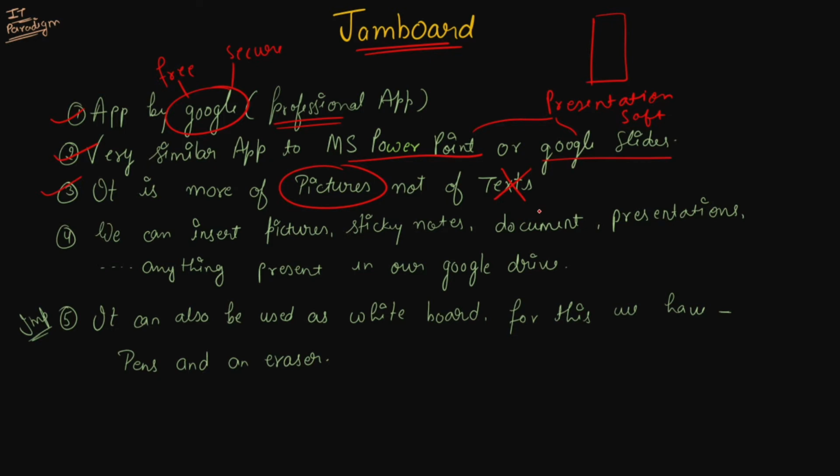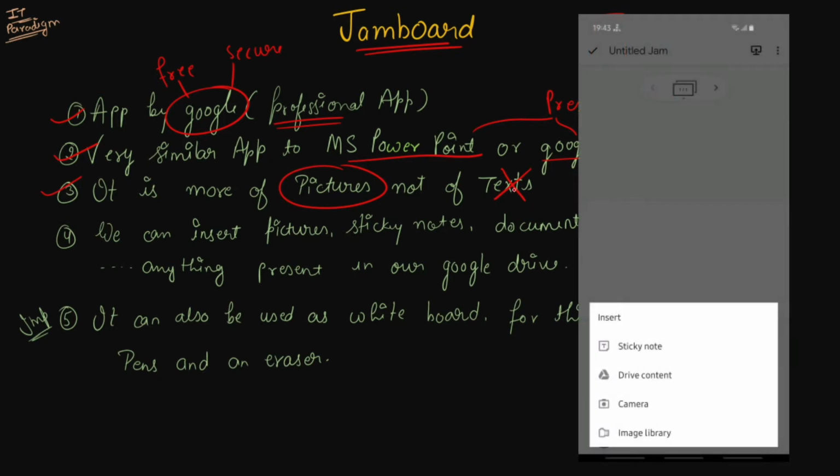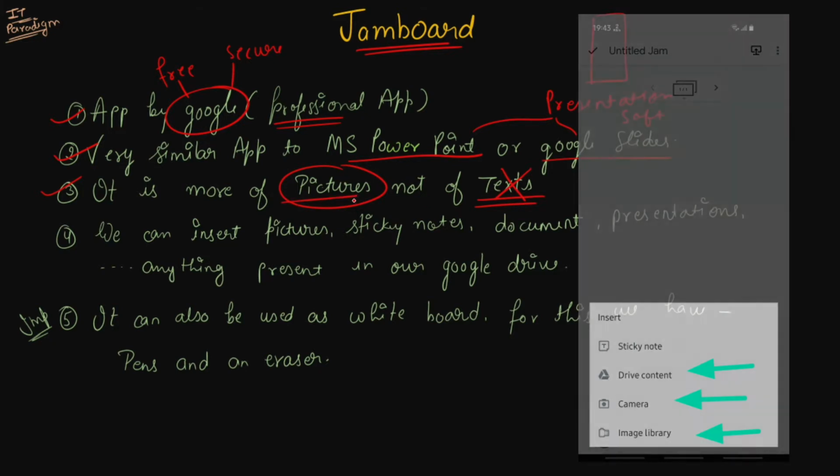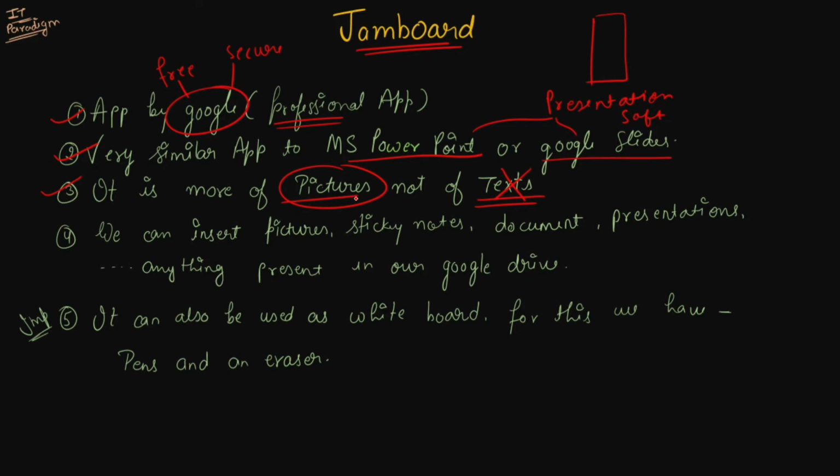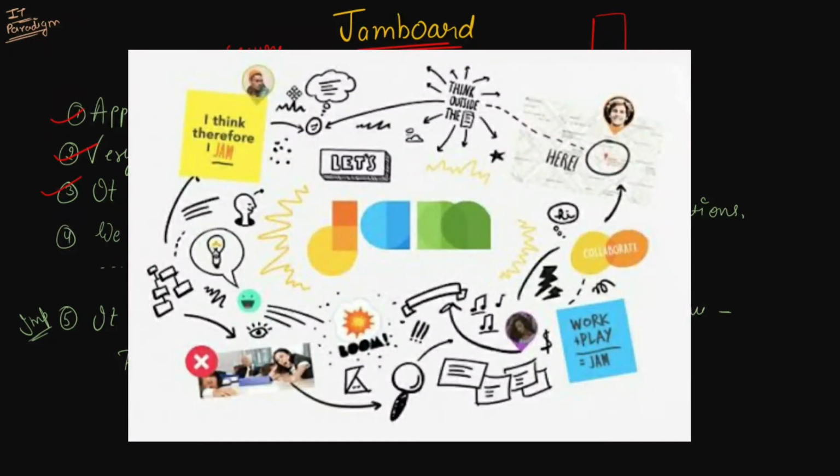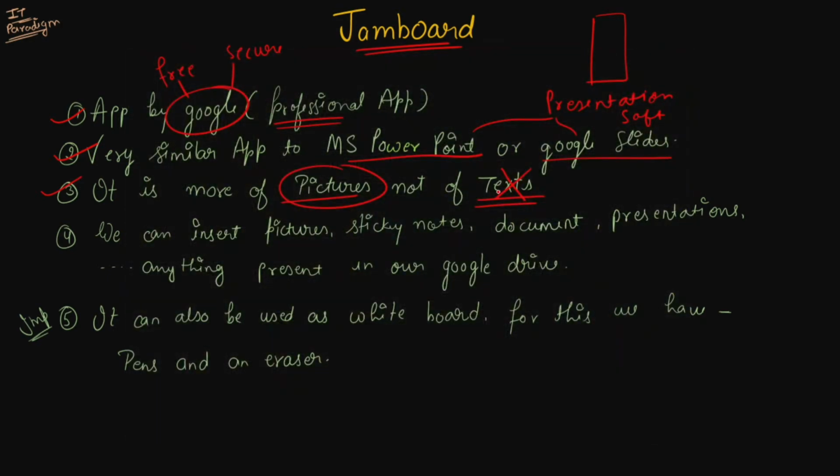First, there are very few options through which we can insert text, but there are a lot of options to insert pictures. Second, Jamboard becomes suitable when you have to present your ideas in the form of pictures, not text, because there are already PowerPoint and Google Slides which give us the utility to present text, but Jamboard is only made for pictures, not for text. So use Jamboard for pictures only.